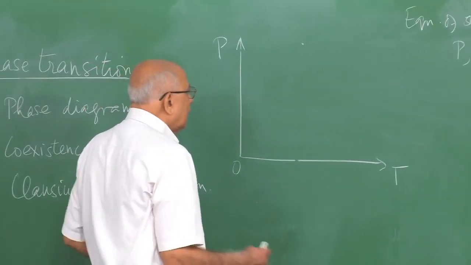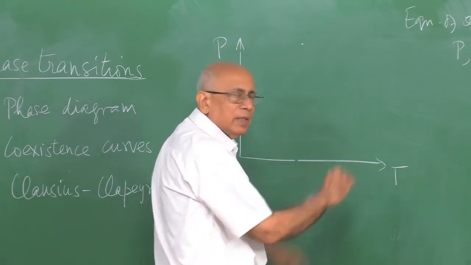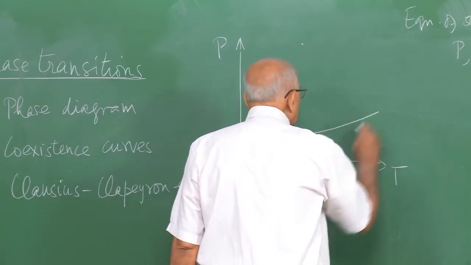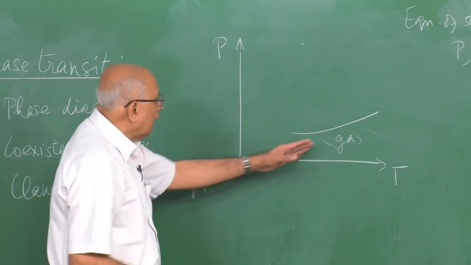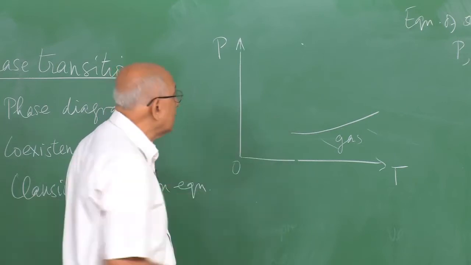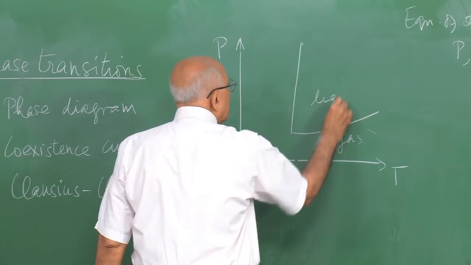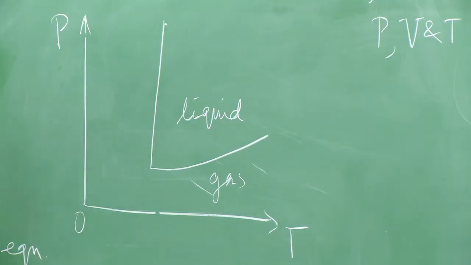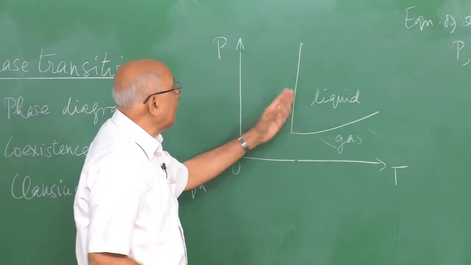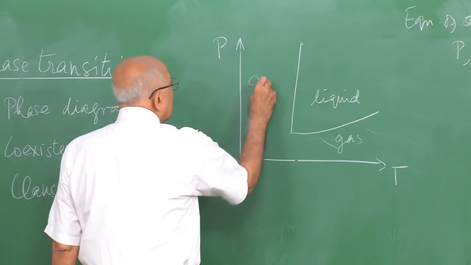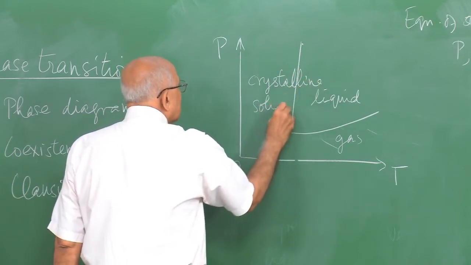It is observed generically, typically, that at low pressures and sufficiently high temperatures, the system is in a gas phase and remains so in this region. At a sufficiently low temperature, there comes a point where if the pressure is increased, for instance, the system liquefies, and this is the liquid phase of the system, with a slope which looks like this, separating the liquid phase and the crystalline solid phase.